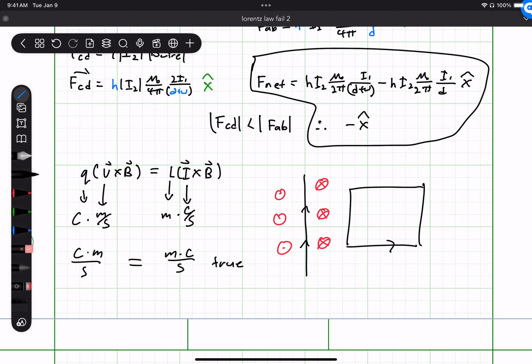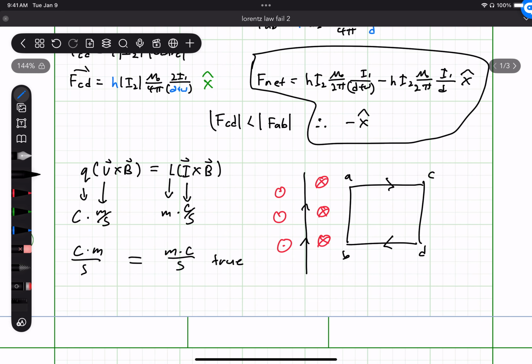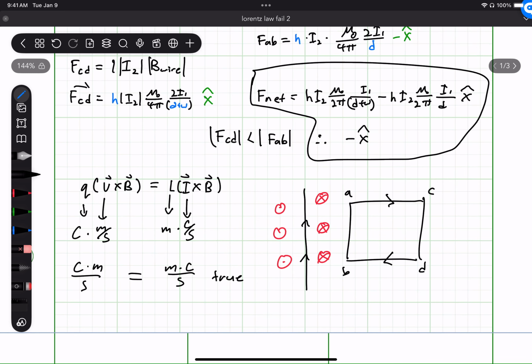That makes sense, right? So it's clockwise. But something you might be confused on is, what about the segments AC and BD? Why is this not accounted into our FNet? And the simple answer is they just cancel out.